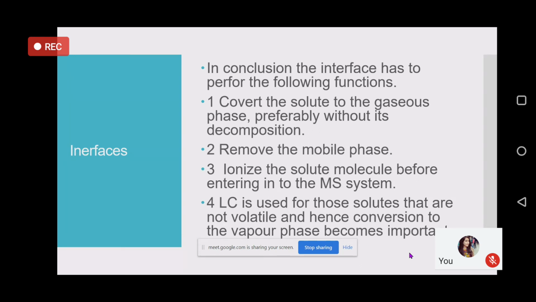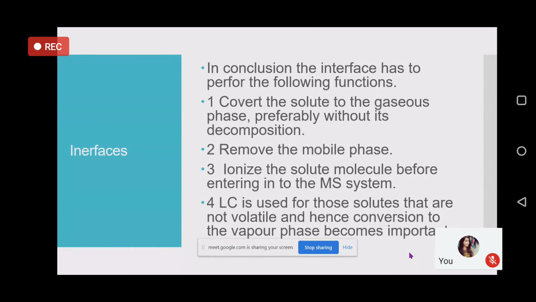But if you take reverse phase chromatography, which in most cases is the one usually opted for, then the mobile phase is polar. And apart from the polar solvents, you may also have buffers or ionic salts in the mobile phase along with the polar solvent.